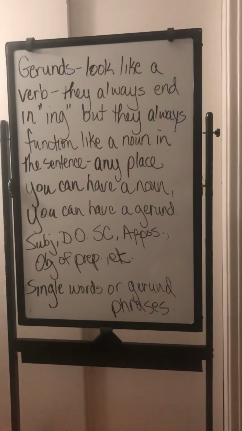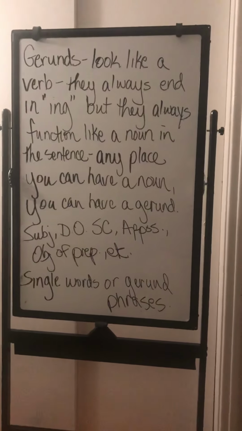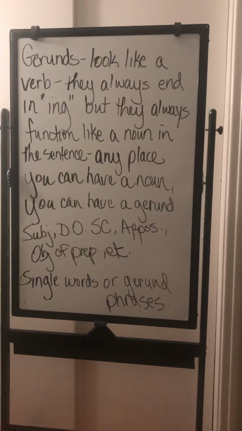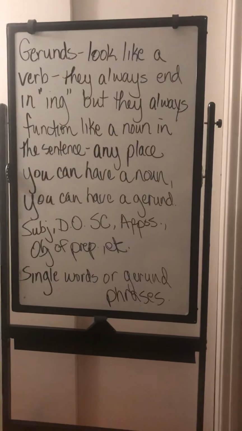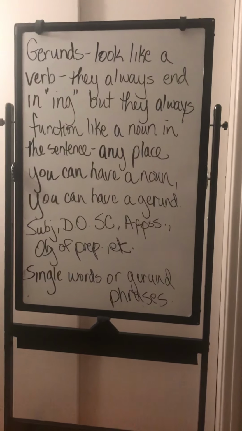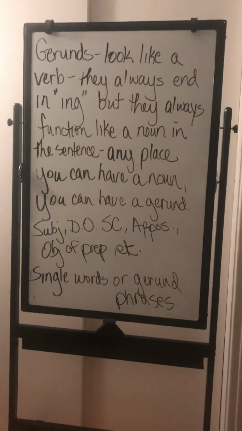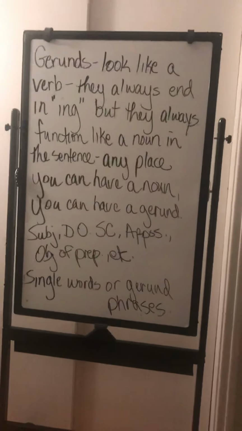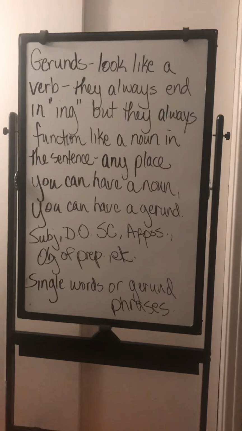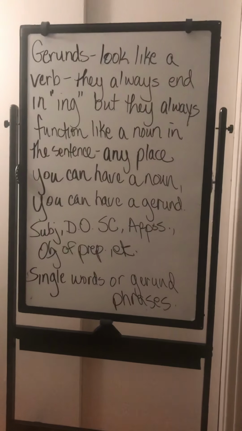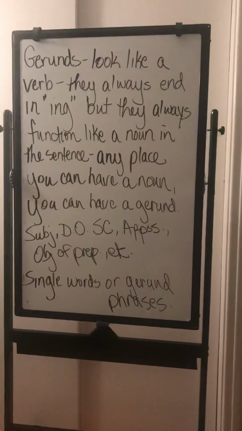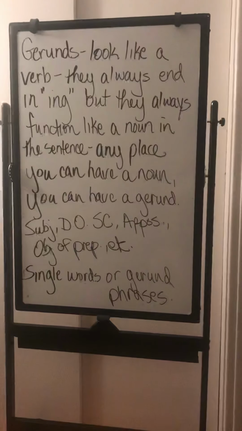Again, they always end in ing, and they always function as a noun in the sentence. What makes them a little bit tricky too is that you can have nouns in lots and lots of different places in the sentence, and I listed a few of them here. They can be subjects, direct objects, subject complements, appositives, object of prep. Anywhere where you can have a single word noun, you can have a gerund.